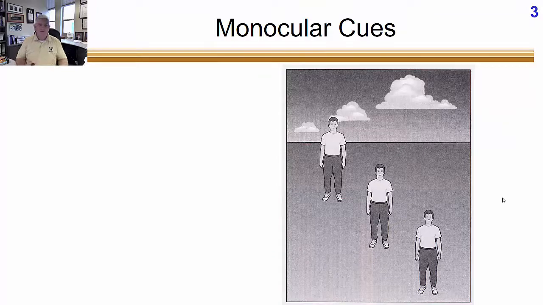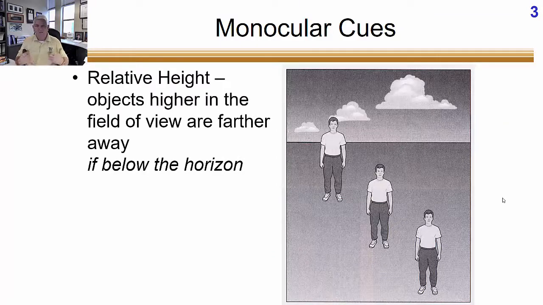These are called relative height cues, right? So if something is below the horizon, like the person here, the closer they are towards the horizon, the higher they are in the picture, the further away they appear. Now, what's wrong with the depth cues of this person?